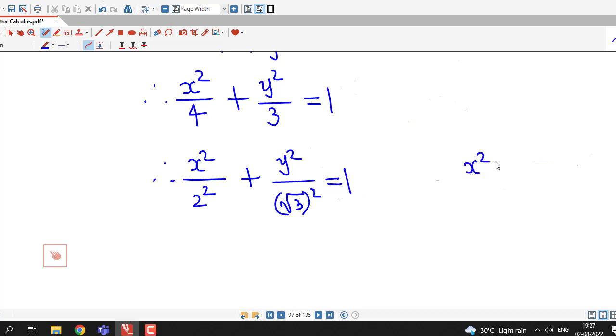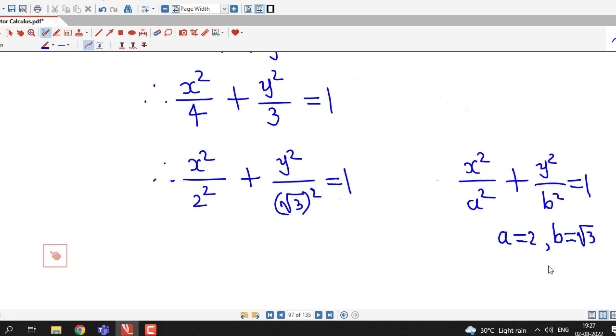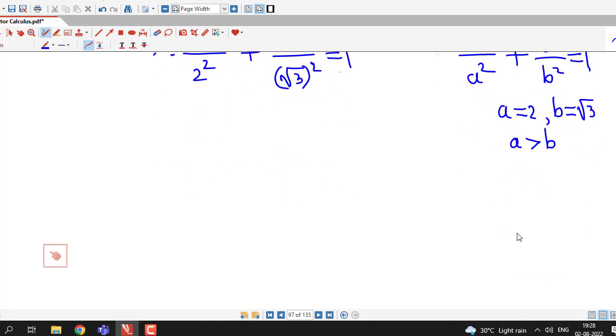And you can see, if you compare with x square by a square plus y square by b square equal to 1, then the value of a is 2 and the value of b is root 3, which is 1.7 something, approximately 1.71. Therefore the value of a is greater than b. So this helps us to sketch the ellipse in the xy plane.